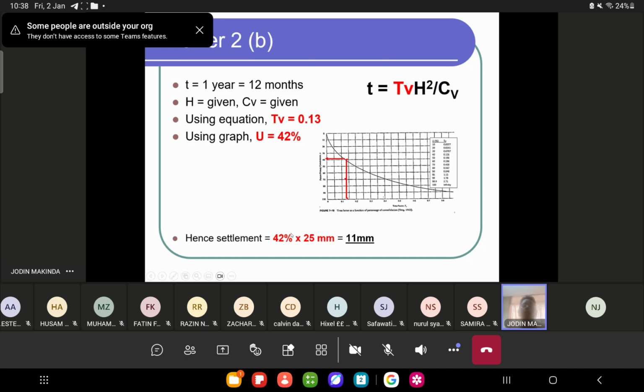Therefore, settlement is 42% times SC of 25, which is 11 millimeter. So very easy. If you are given T, find TV, then U, then settlement, with this equation, as long as you follow the process.